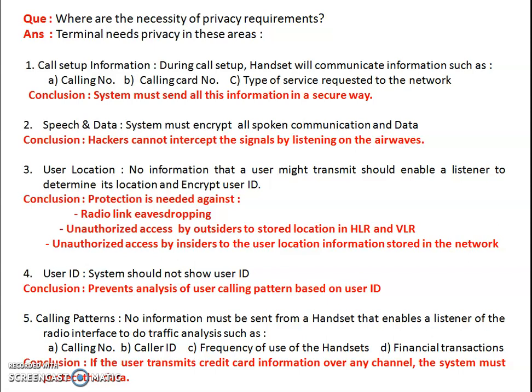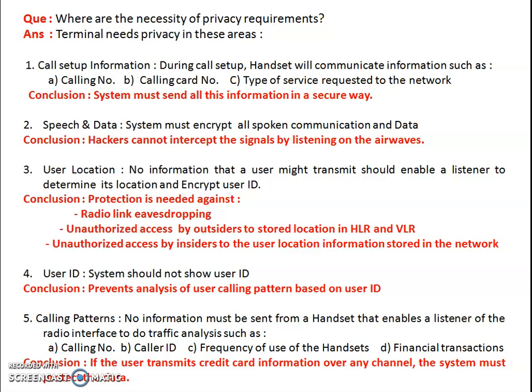User ID: the system should not reveal the user ID. Two important points relate to preventing analysis of the user calling pattern based on the user ID. Somebody should not be able to identify the pattern of the user based on the user ID.